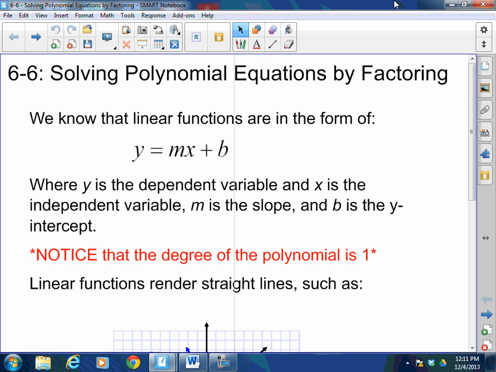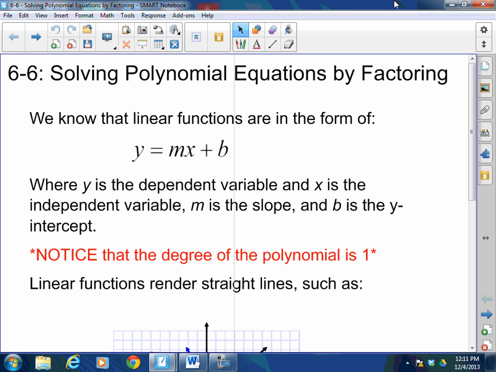We are continuing here with polynomials. We have learned already how to add, subtract, multiply, and divide polynomials. We know how to factor polynomials. We know how to factor four-term polynomials by grouping. We know how to factor out a GCF from any polynomial. We know how to factor trinomials where the coefficient a equals 1.